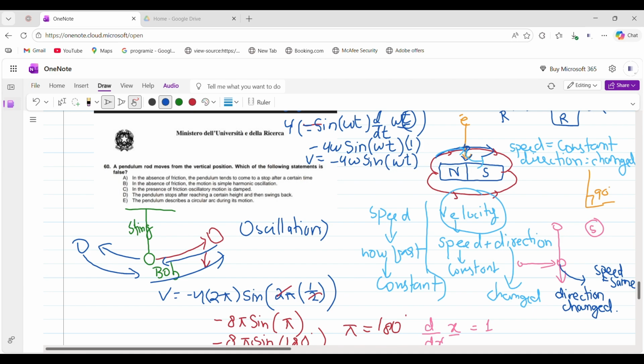So basically, the factors that would definitely affect this oscillation, or this back and forth motion, would be friction and air resistance. See, if I remove the friction and air resistance, this bob will not stop its motion.